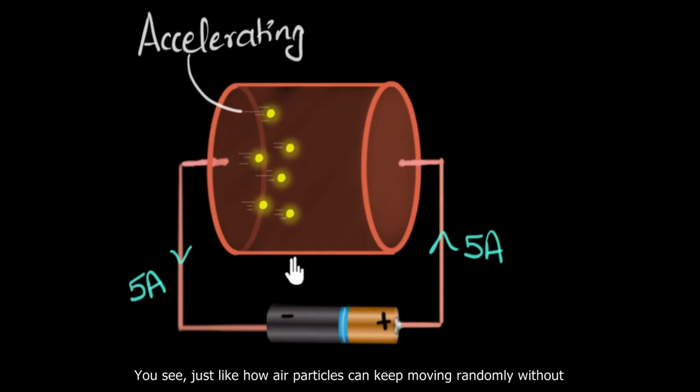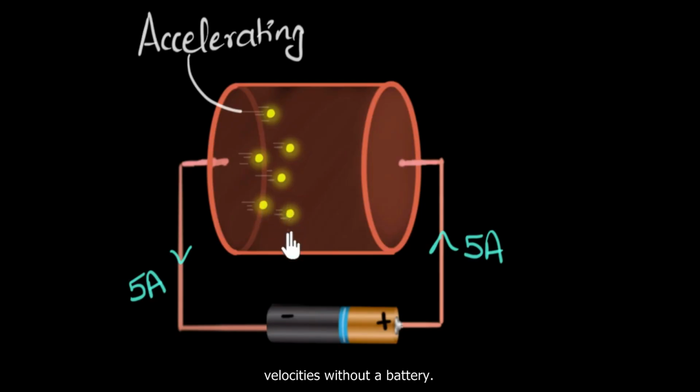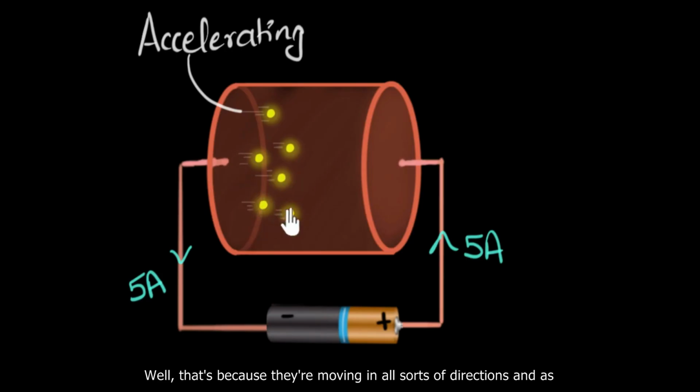You see, just like how air particles can keep moving randomly without any breeze, these electrons are also moving randomly and with very high velocities without a battery. They are moving in all directions. So then why wouldn't we get a current without a battery? Well, that's because they're moving in all sorts of directions, and as a result, they don't go anywhere.